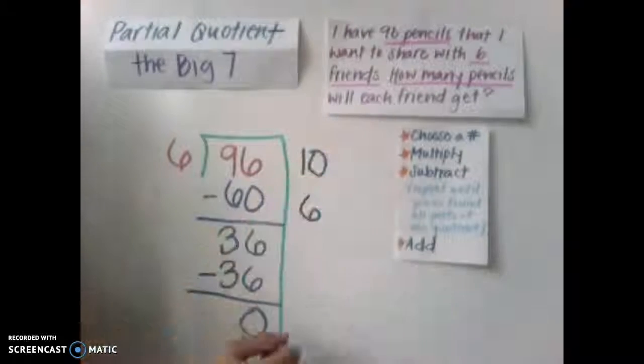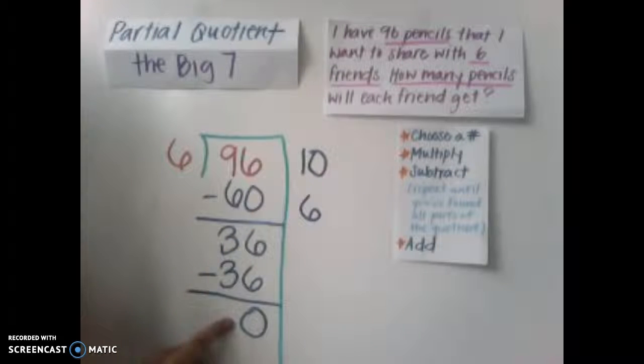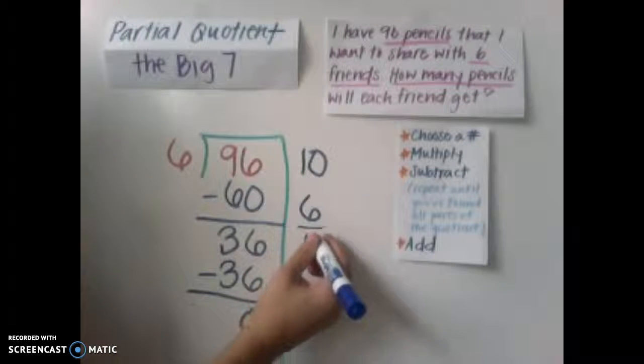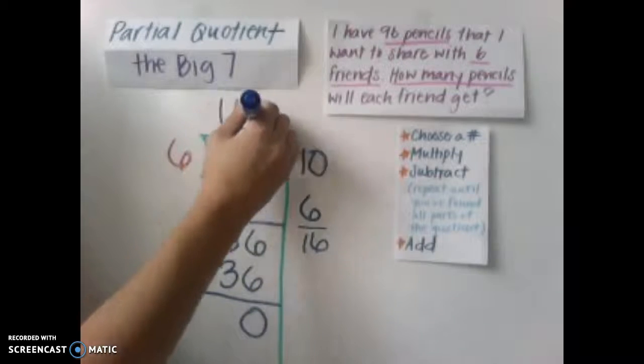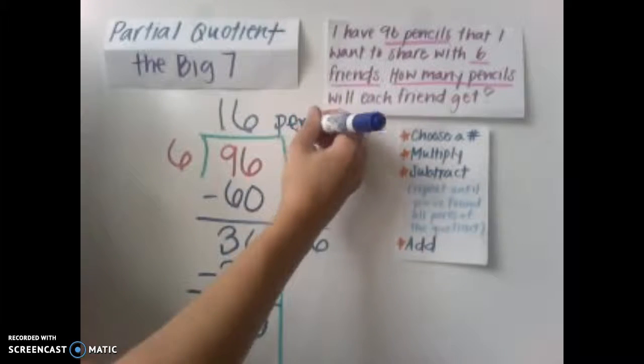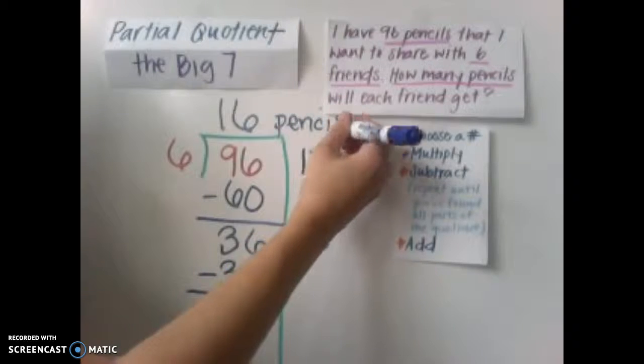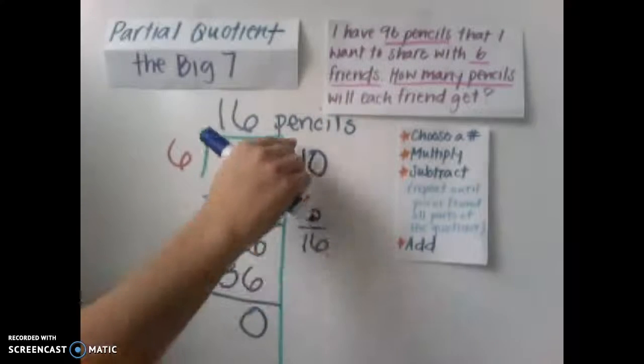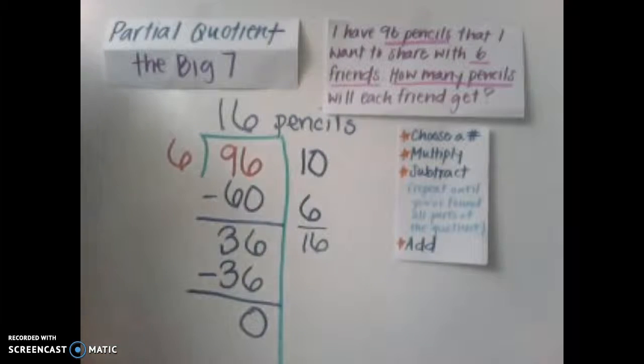I don't need to choose another number because I don't have any pencils left to give out. So now I'm going to add them together. 10 plus 6 is 16. I'll write my answer up here and label it. Ooh, I forgot to do that the first time. So each friend gets 16 pencils.